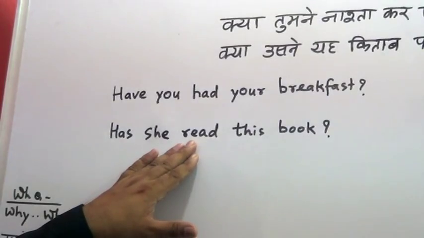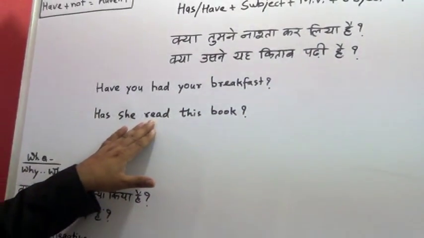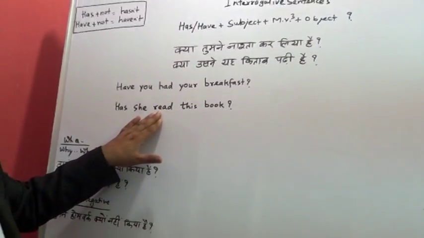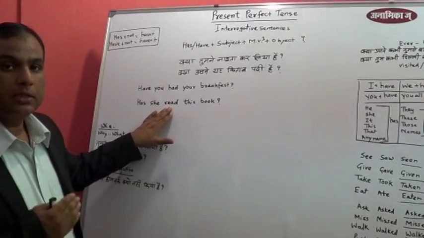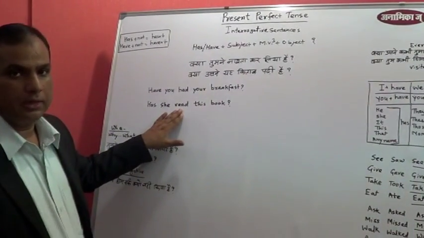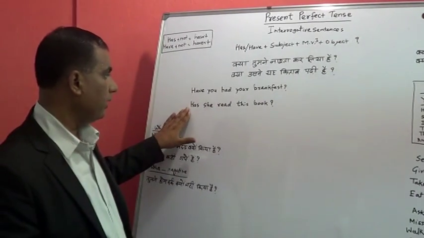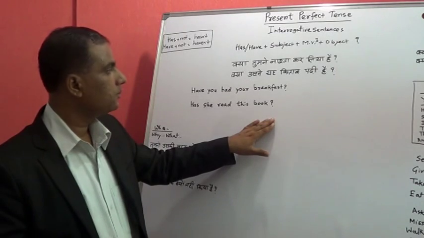As you know that read becomes read in its third form, though the spelling remains the same, but pronunciation definitely changes. So it will be said, has she read this book?